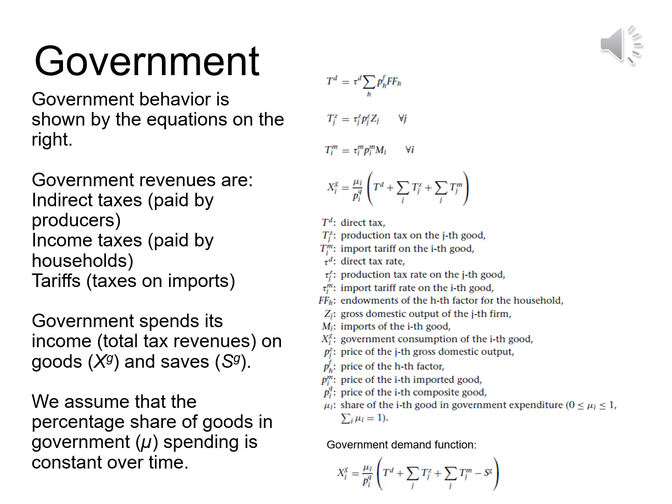So we assume that this percentage composition doesn't change. For that, we have a parameter which is mu I. Mu I is the percentage share of the good I in government's total spending, and the sum of all these, of course, will be equal to 1.